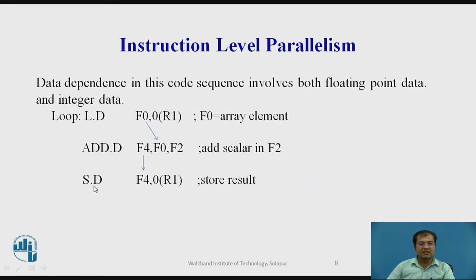Similarly, the S.D store instruction is depending on F4. If the result is available, fine, then this updated result will be stored into 0 of R1. If not, then it will write a wrong result. So it should wait for the updated result. So it is depending on F4. This is how the instructions are depending on each other, as we discussed earlier.